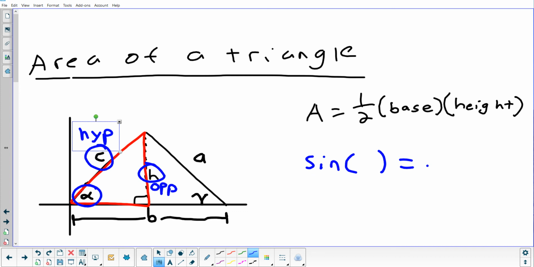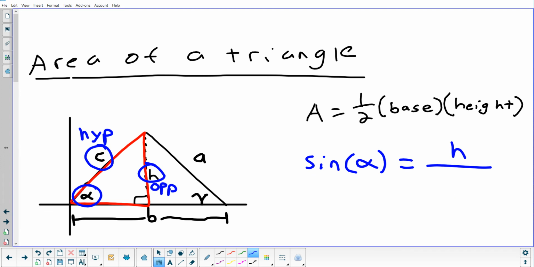Sine equals, and I have a fraction. Ethan, what's the angle that I have circled here? Alpha. So sine of alpha equals opposite over hypotenuse. H divided by C. Remember, H stands for height.